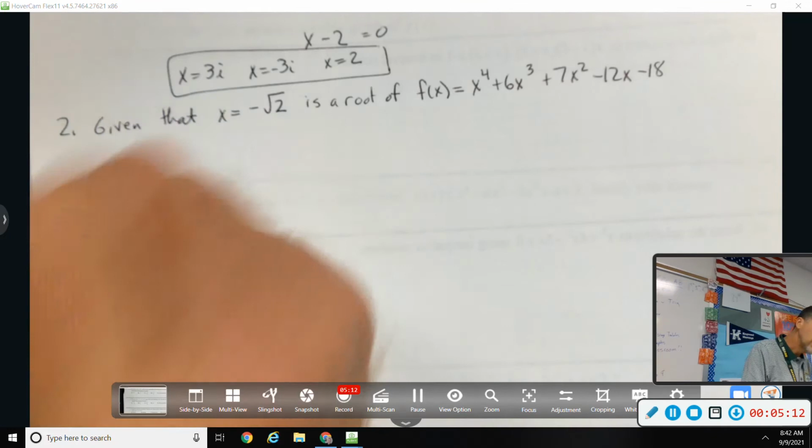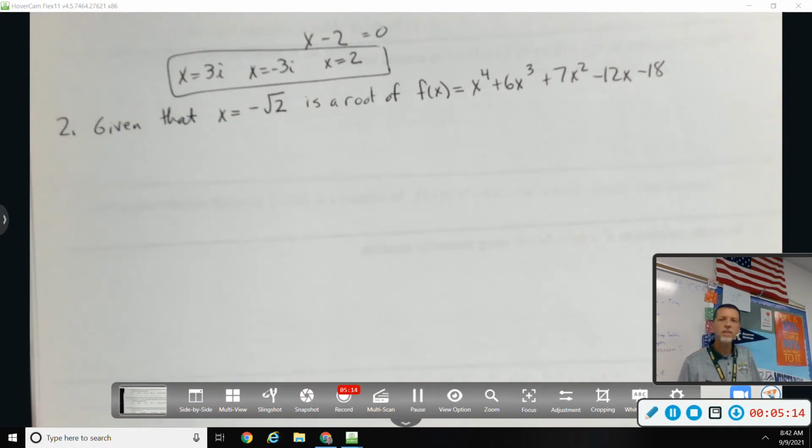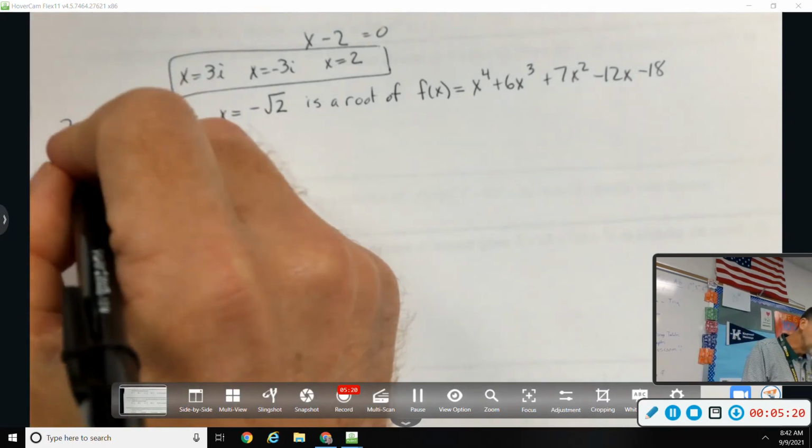That's a lovely one. Already got 2 of them. Find the zeros, and we do have 2 of them.